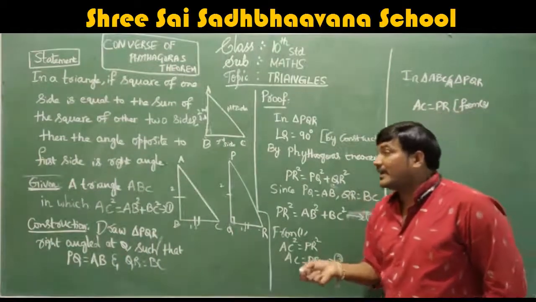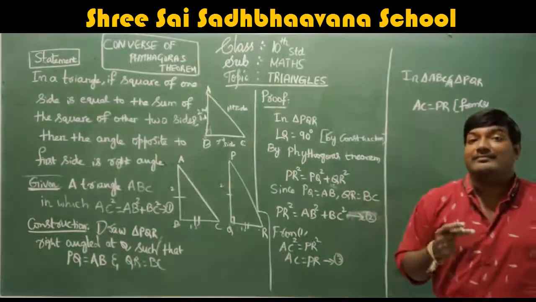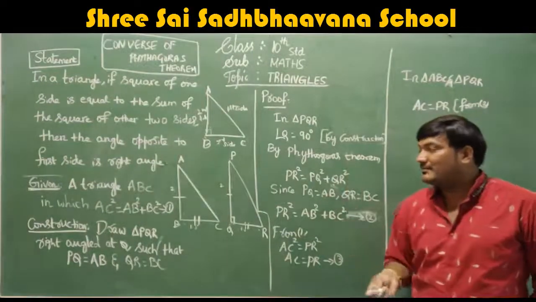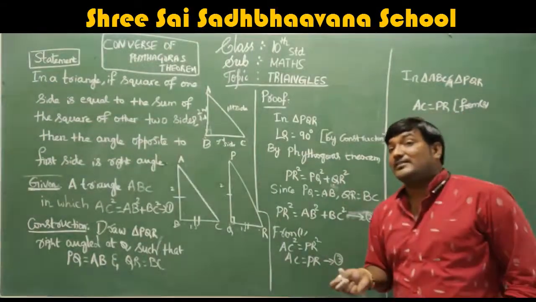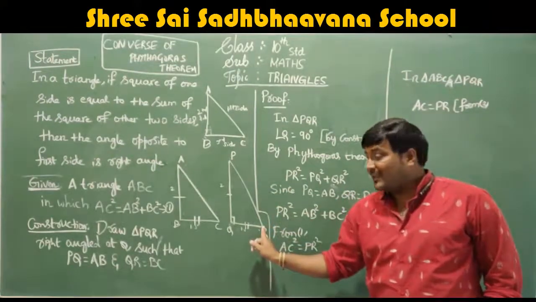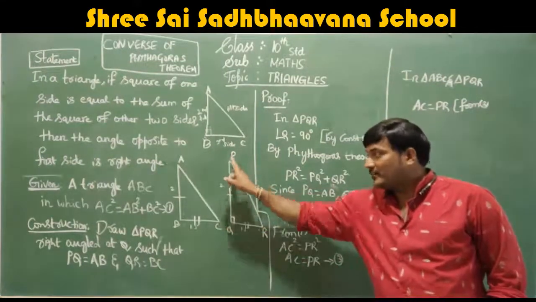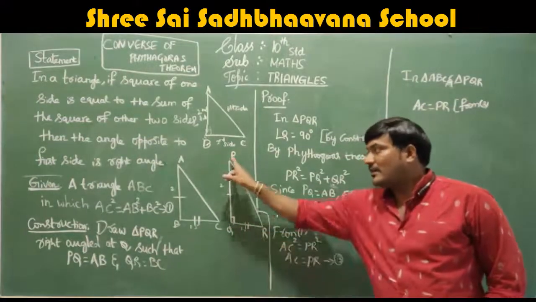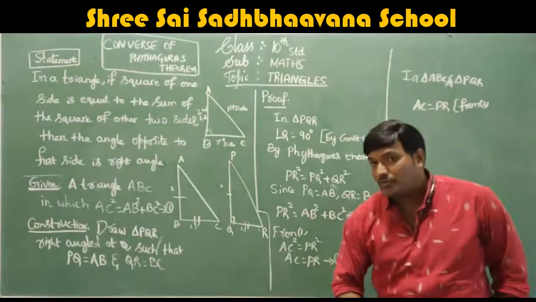If that is a right angle triangle, you can apply the Pythagoras theorem. Correct? By the Pythagoras theorem, what does the statement say? The square of the hypotenuse is equal to the sum of the squares of the other two sides. It means PR is the hypotenuse here, and PQ and QR are the other two sides, correct?